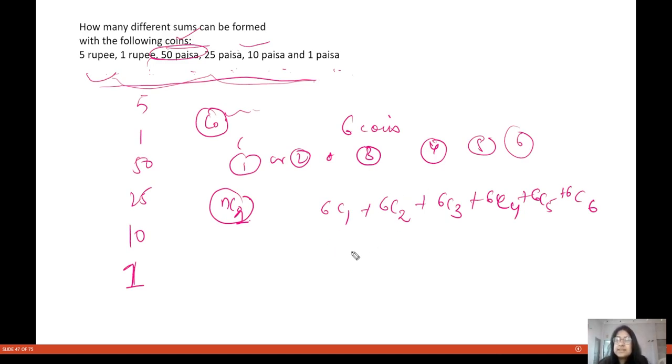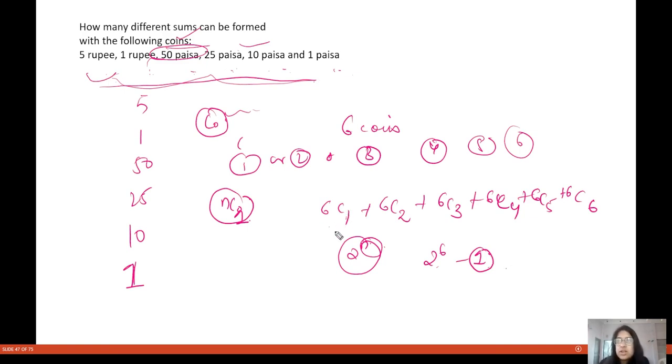Now see, this is given by 2 to the power n. Here n is equal to 6: 1 2 3 4 5 6. But we are not considering the case where we select 0, so we'll subtract 1. 2 to the power n minus 1. So this will become 2 to the power 6 minus 1, or you can calculate from here also.